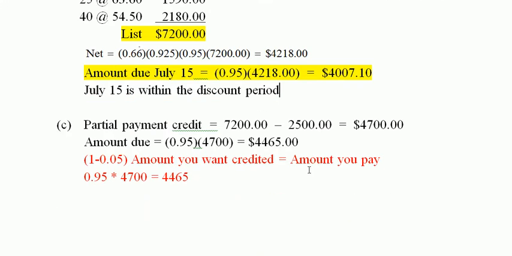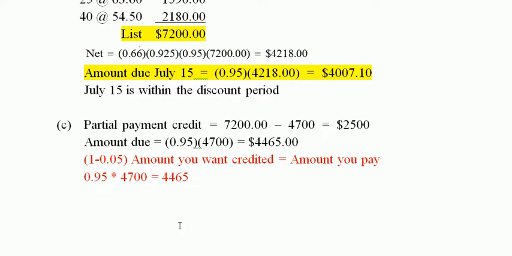Now, part C is a little trickier. It's asking you how much you need to pay to reduce the balance to 4,700. I beg your pardon, it is to reduce your balance to 2,500.